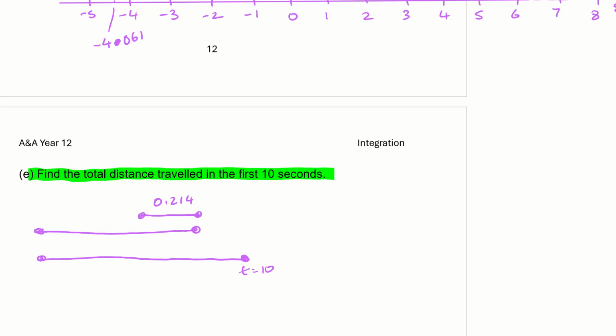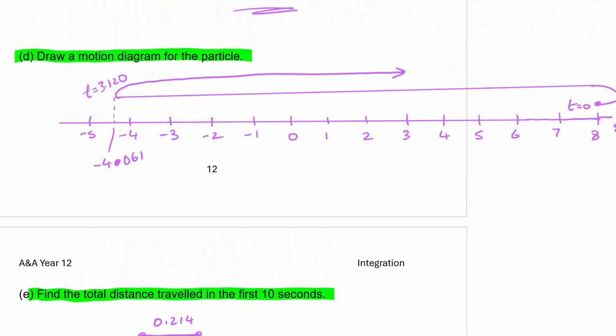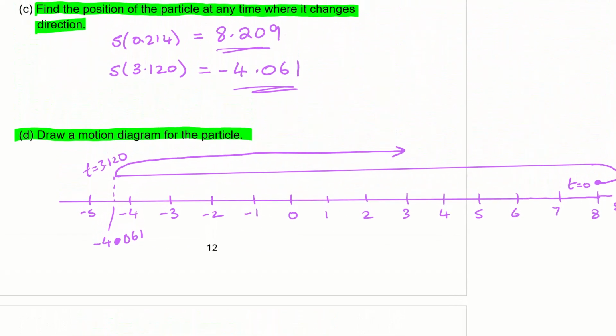So the distance it travels back is going from there to there. And so that would be going on the diagram all the way from there across to there. And therefore we can get that by doing 8.209 plus 4.061. So that distance is 12.27.